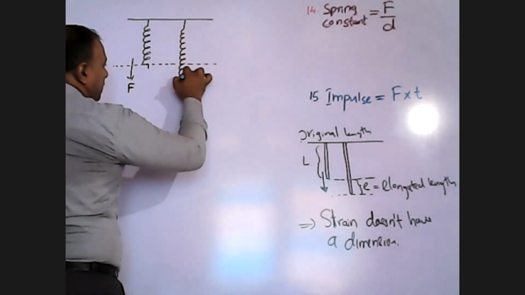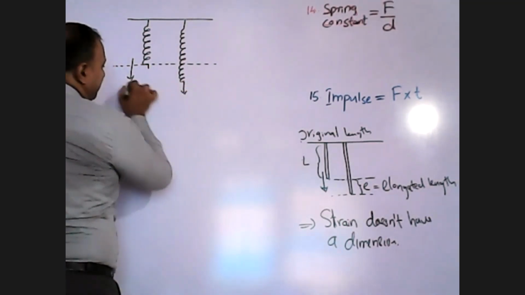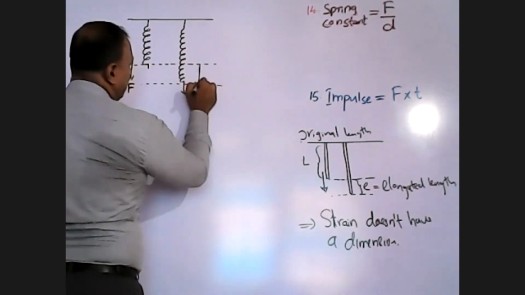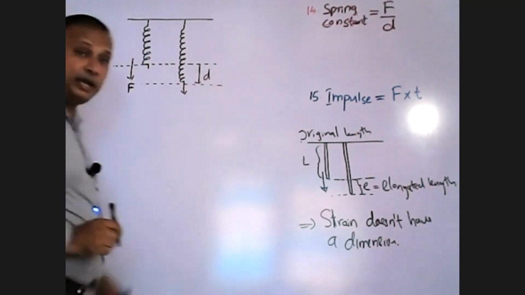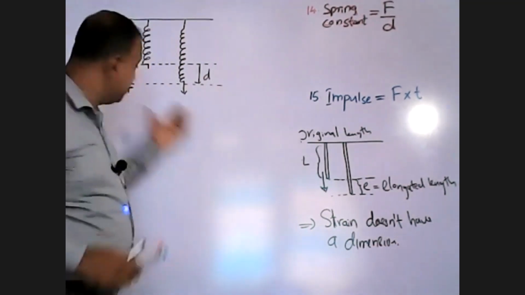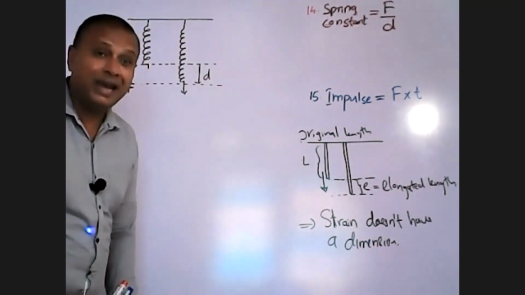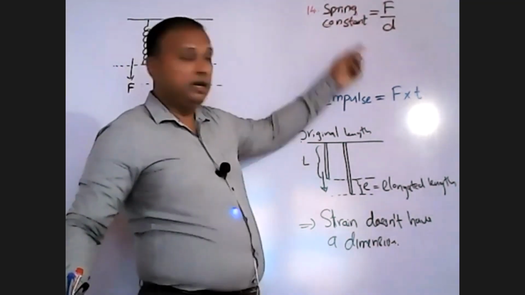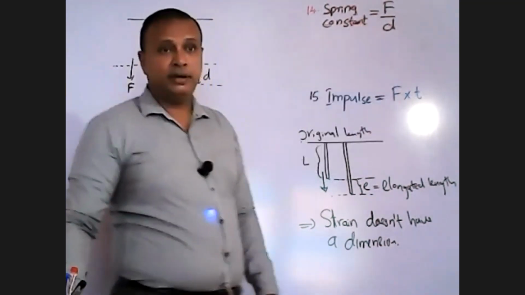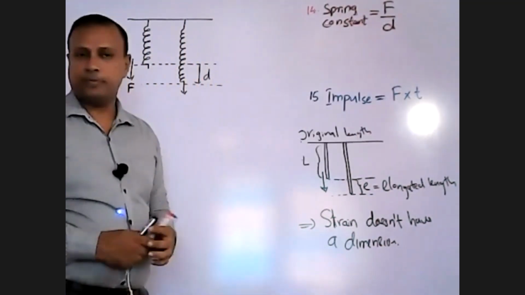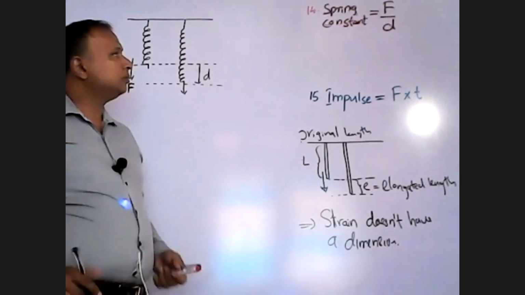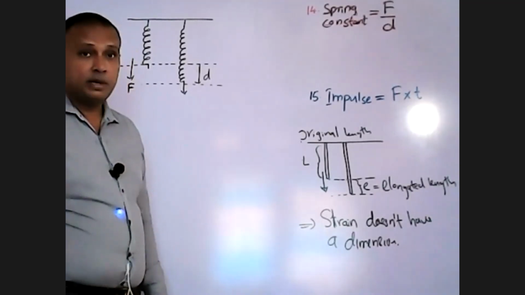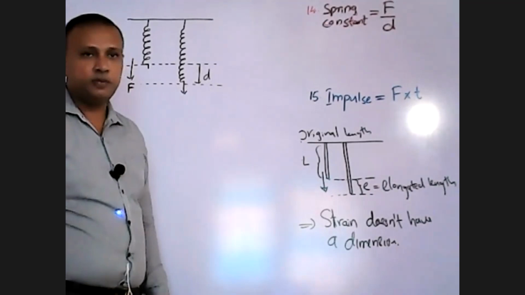That means it will be elongated. If it is elongated up to a distance D under a force equal to capital F, the spring constant of this spring is defined as the ratio between F and D. That is the physical quantity represented by the spring constant.